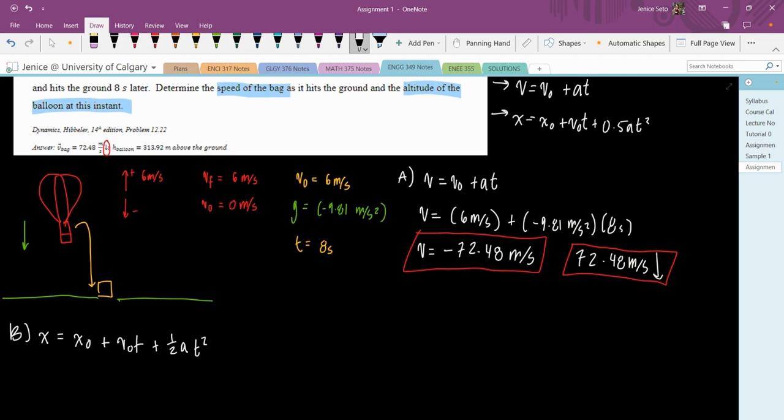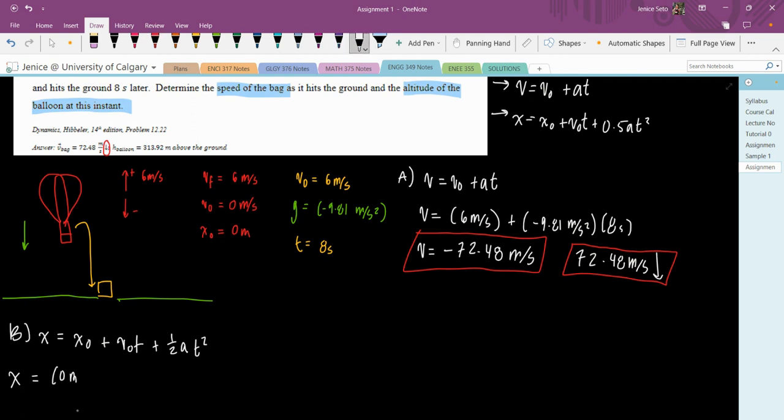All right, so the x represents our height, so that is the value that we are looking for. And we're going to assume that our balloon, its x naught, is 0 meters, right? Because we're assuming that our balloon starts from the ground, motionless, right? So that's why our v naught is 0 meters per second, and that's why our x naught is 0 meters.